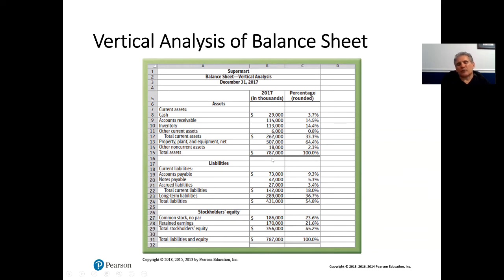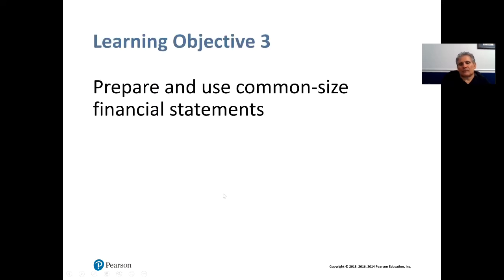So when you're looking at 787,000 and all these numbers and you're trying to compare them to Save Mart, nearly impossible. But if you can convert all these numbers into percentages and then you convert Save Mart numbers to percentages, now the size of those numbers aren't really relevant anymore.